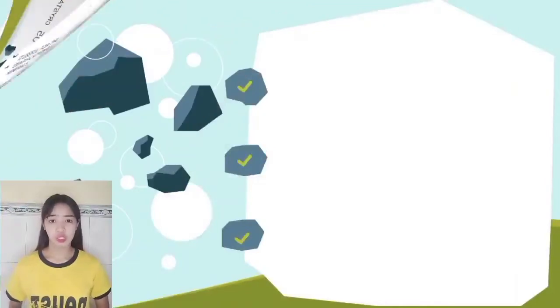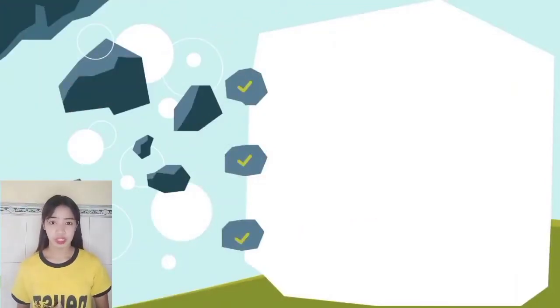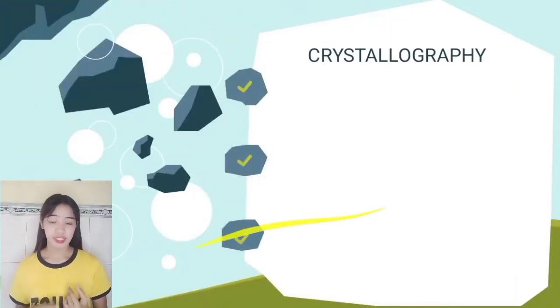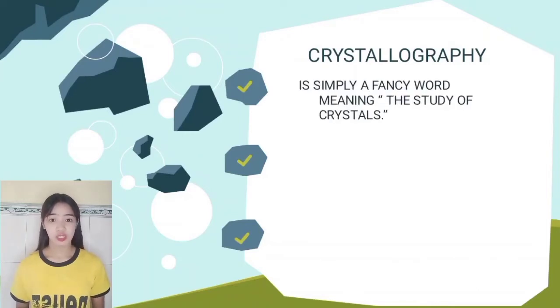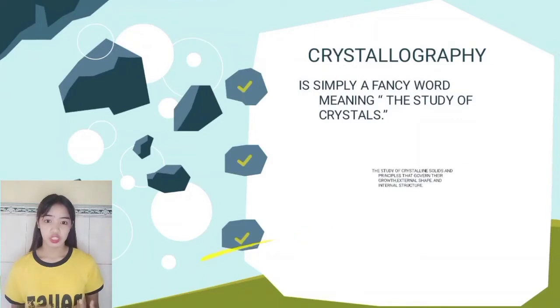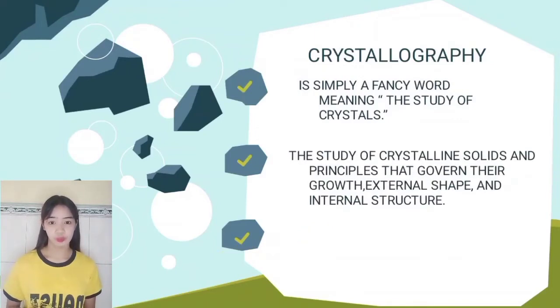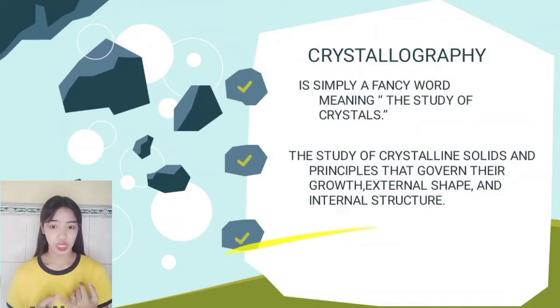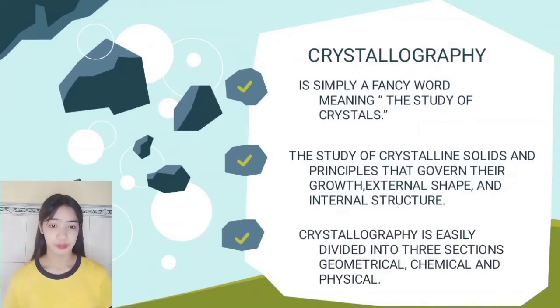So what is crystallography? Crystallography is simply a fancy word meaning the study of crystals. It is the study of crystalline solids and principles that govern their growth, external shape, and internal structure. Crystallography is easily divided into 3 sections, which are geometrical, chemical, and physical.